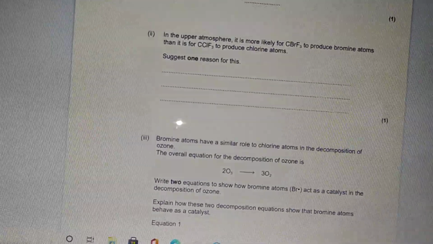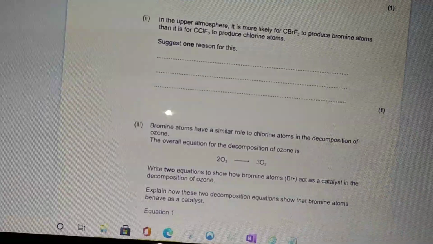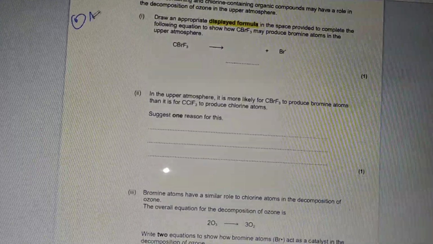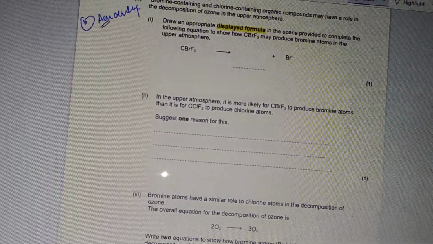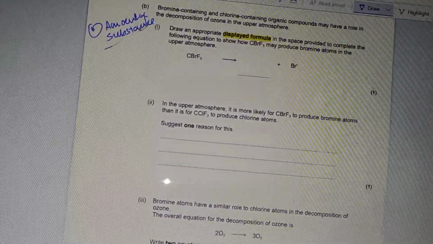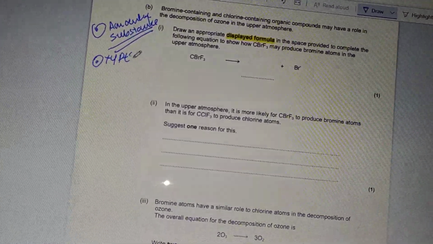Now the second question, they've asked you to draw a displayed formula. This jogs your memory right back to the amount of substance chapter, I think, on how they've asked you to represent the types of formulas.